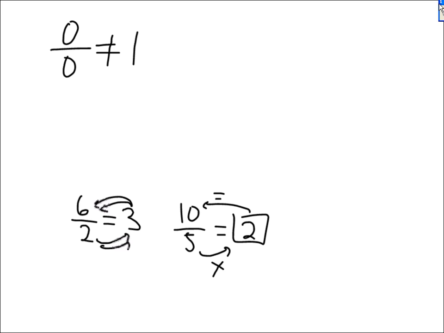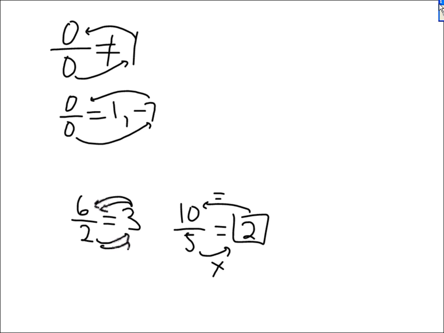Well, you may say, I don't understand. 0 times 1 is 0, isn't it? Absolutely. So fine, 0 over 0 is 1. But you know what? It's also negative 7, because 0 times negative 7 is 0. And it's also the square root of 13, because 0 times the square root of 13 is 0.